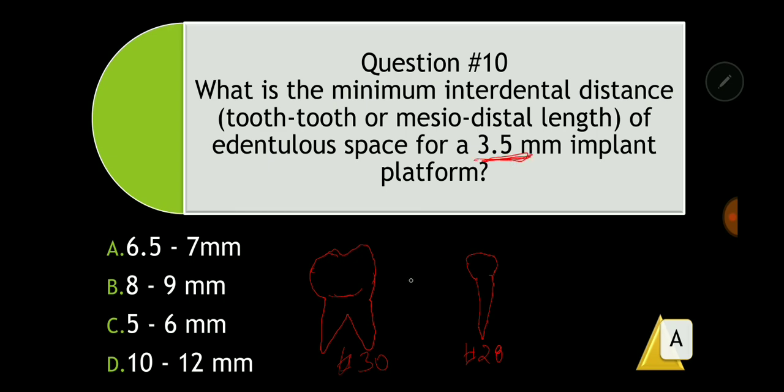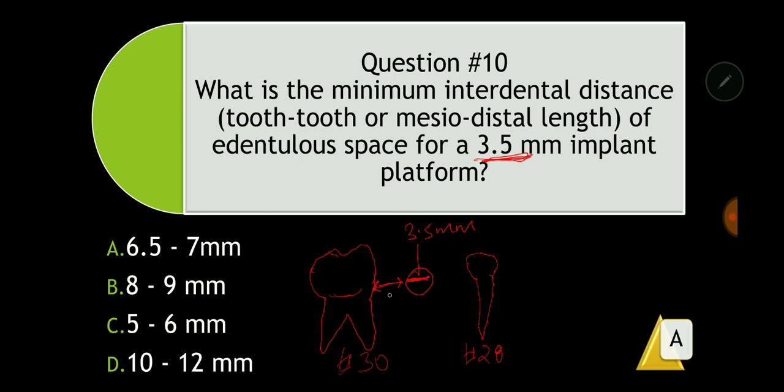So remember the principles: the 3.5 millimeter implant, so let's say this is an implant, and the width of the implant is 3.5 millimeters, right? And we know this implant is supposed to be at least 1.5 millimeters from the natural tooth.